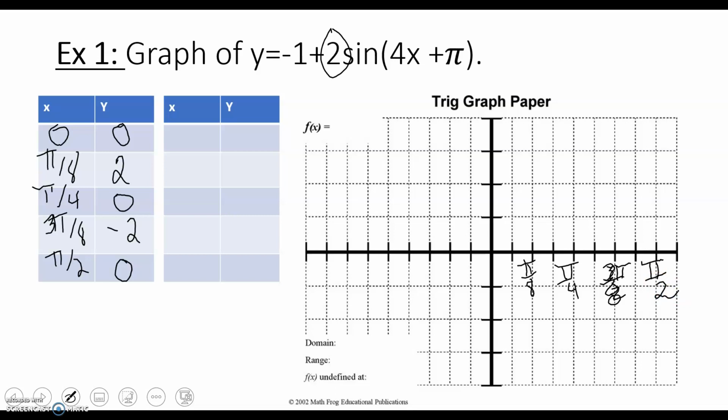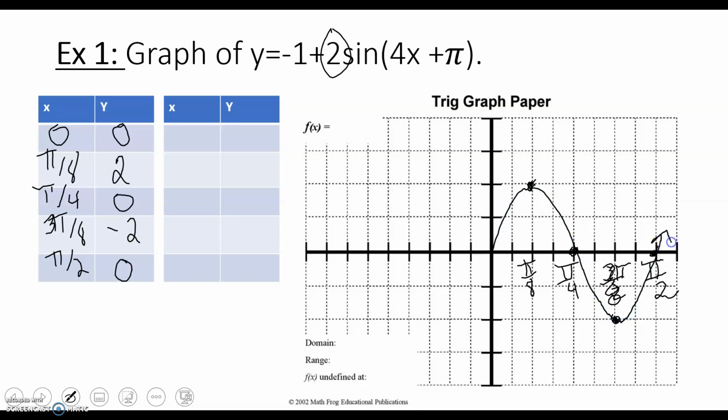My graph is going to be at pi over 8. I'm at 2. At pi over 4, I'm at 0. At 3 pi over 8, I'm at -2. And at pi over 2, I'm at 0. So my graph goes like this.